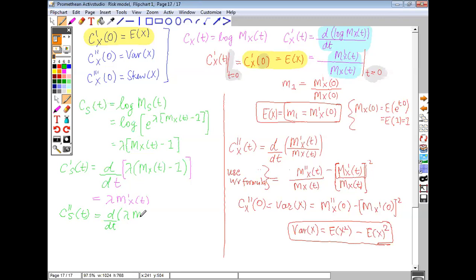So lambda m prime of x of t. So what do you guys think will happen here? I'll have lambda d by dt m prime of xt, right? Which is nothing but lambda times m double prime of xt, right?